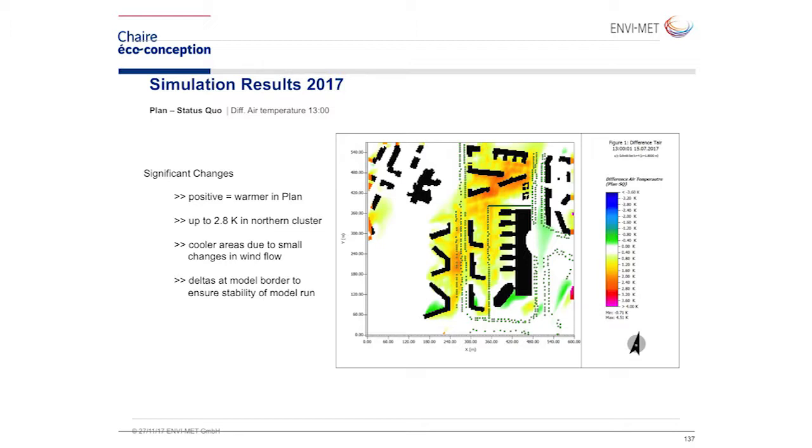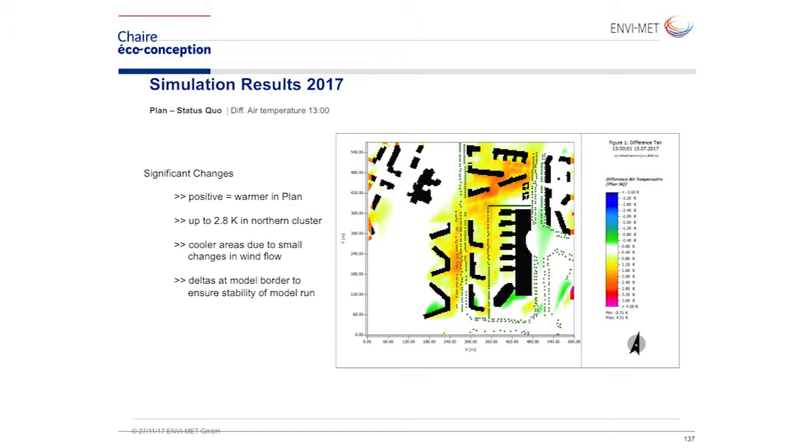The positive figures, all the colors that are greenish to yellow, orange to purple, are the areas where the air temperature is hotter in the planning scenario. And the blue areas are the locations where things are a bit cooler in the planned scenario.